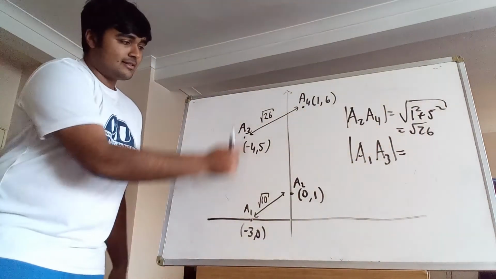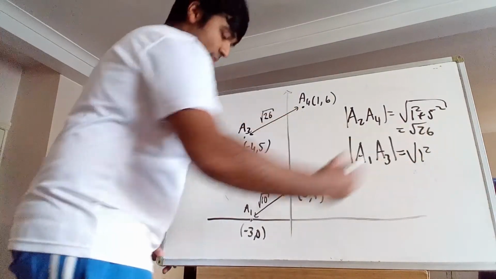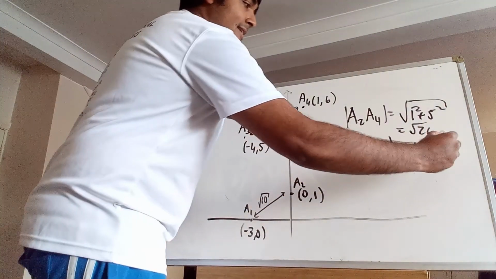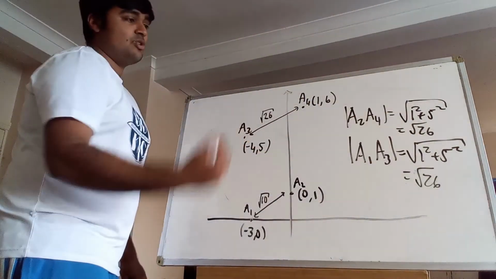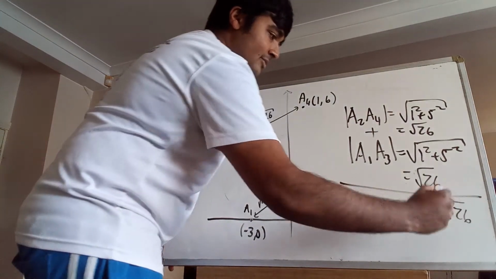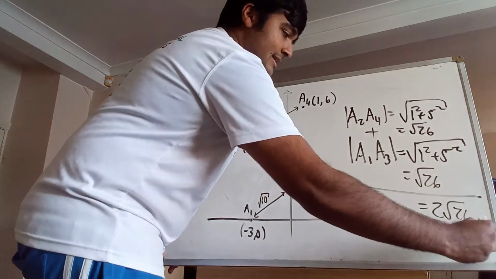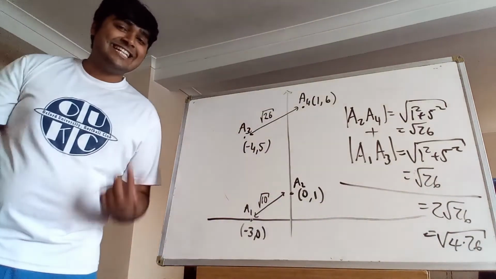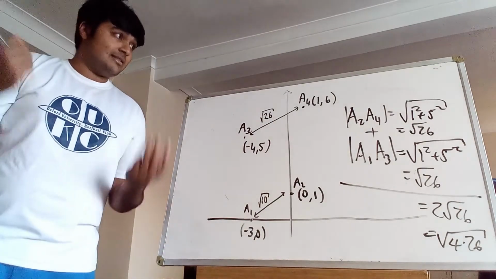A1A3, this guy to this guy, same thing. The difference between the x coordinates is 1, so 1 squared plus 5 squared again. We get square root of 26, and when we add them up, we get 2 root 26. And this 2 is the square root of 4, so this is just the square root of 4 times 26, which is exactly 104, the square root of 104, which is exactly what we wanted.